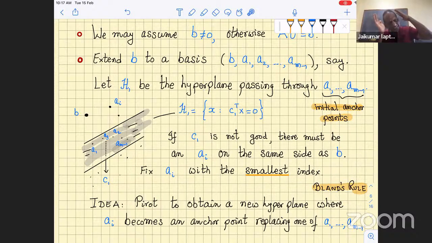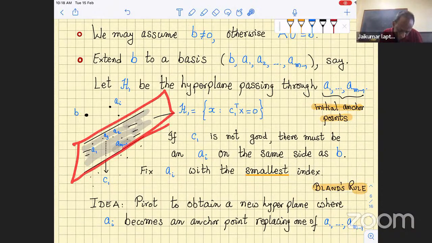So initially, we will just guess a hyperplane, and we just do it very naively. Take A1 to AM-1, which are linearly independent of B, and just take the hyperplane passing through them. And we found this hyperplane, and you see A1 to AM-1 are sitting on the hyperplane. This hyperplane has a normal, and we orient the normal away from B.